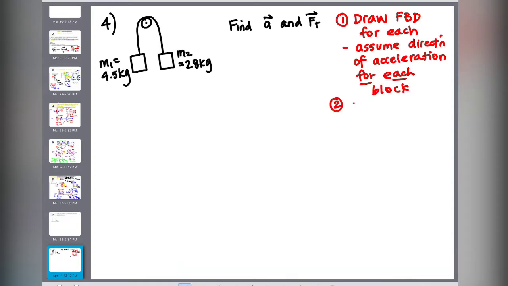Okay, number 2 is you would then write out your net force equals MA for each. And then you're going to plug in everything that you know, solve as many things as you know, and then the last one is you have two equations with two unknowns, and then you solve for them.